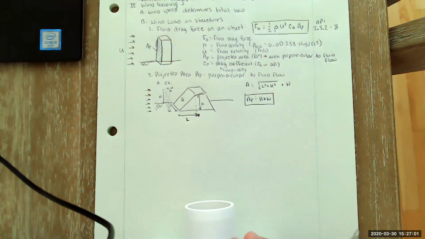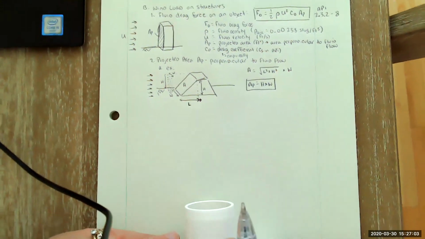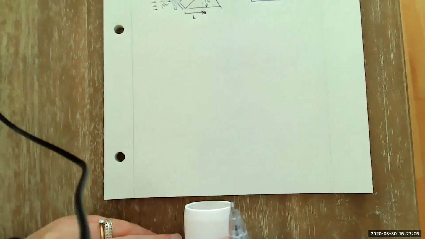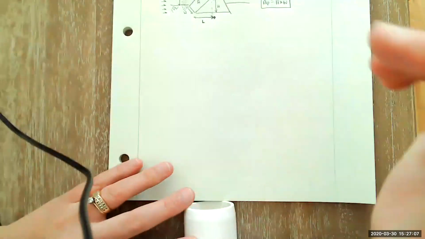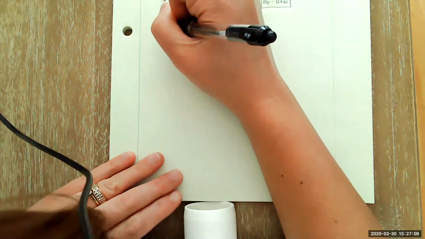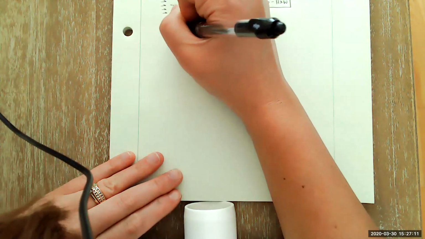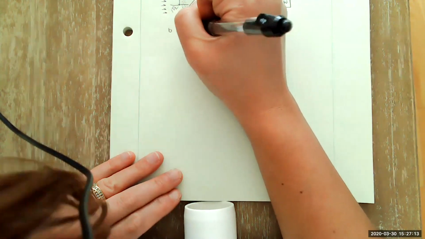Cool. Let's do another example. So example 2, I'm going to slide down just a little bit more. So this will be letter B, example 2.